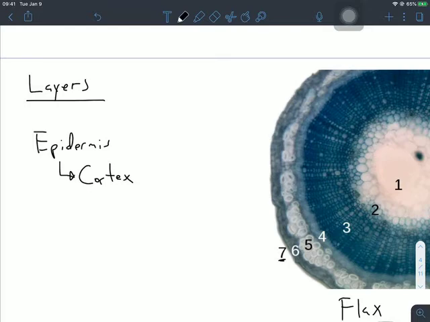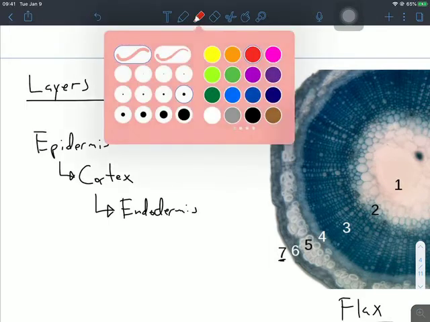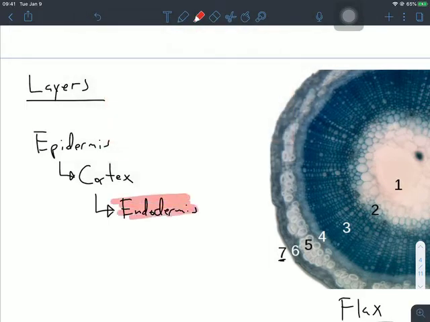Now, you can continue to go in, and depending on the different tissue that you're cutting, you may encounter what is called an endodermis, though this is specific, frequently, to plant roots.